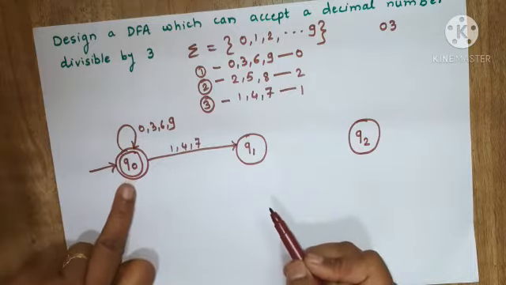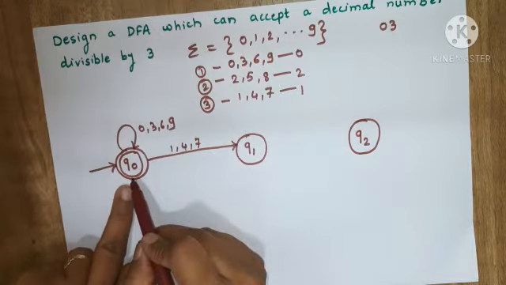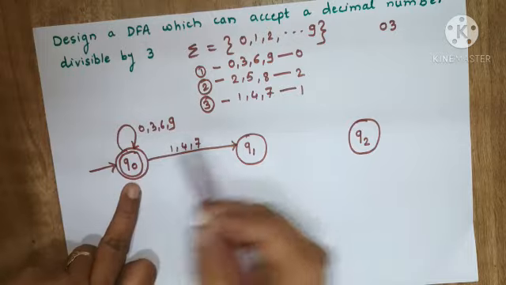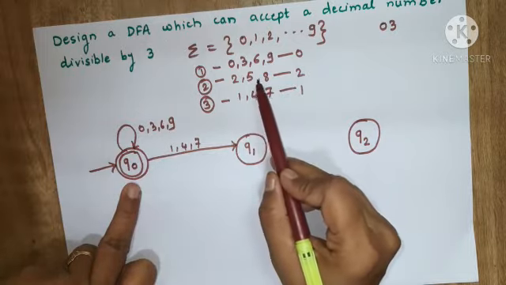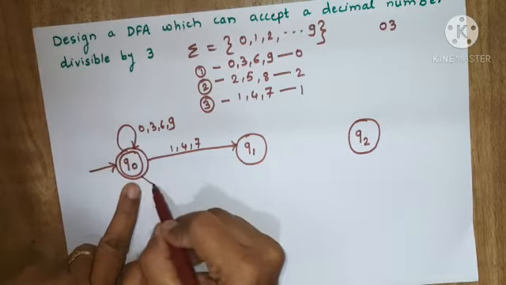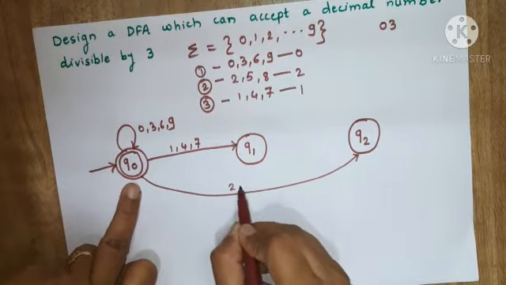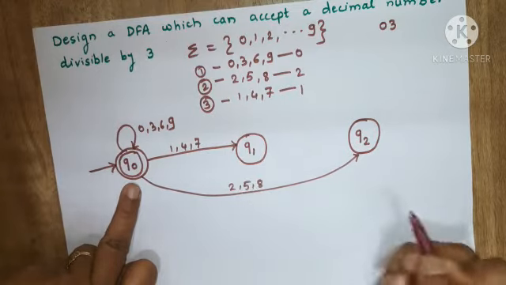Now for 2, 5 and 8. In the Q0 state, if I get 2, 5 or 8, and I divide this number by 3, I will get remainder 2, and that's why I have to show a transition to the state which has remainder 2 for 2, 5 and 8.